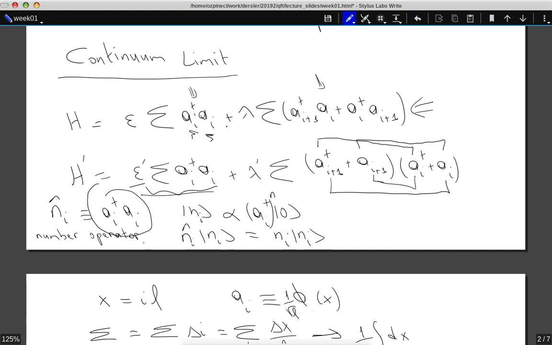It doesn't change anything else. It doesn't move the particles around. It doesn't change the number of particles. It just counts. But this term has different effects. It moves the particles around. It can create two particles or annihilate two particles. So it's more complicated to interpret the second term.